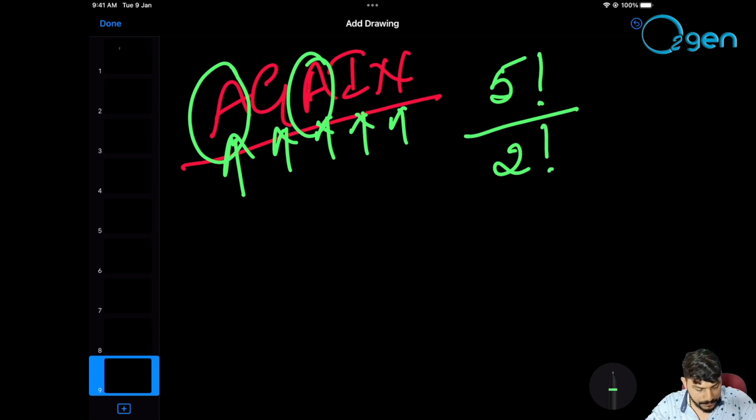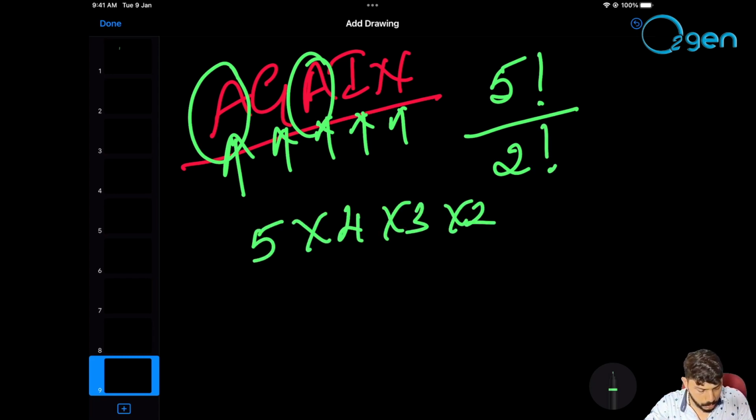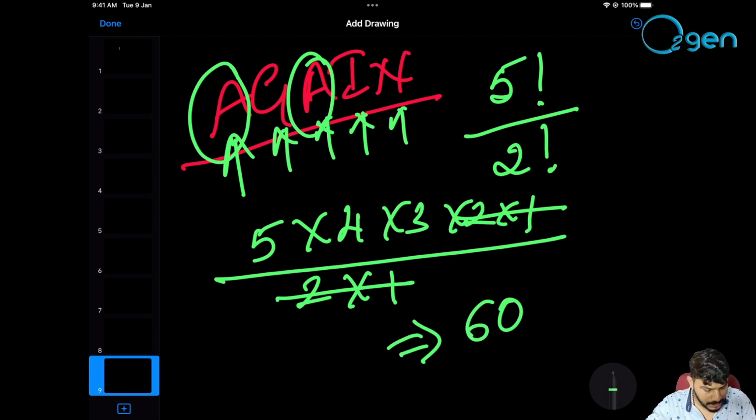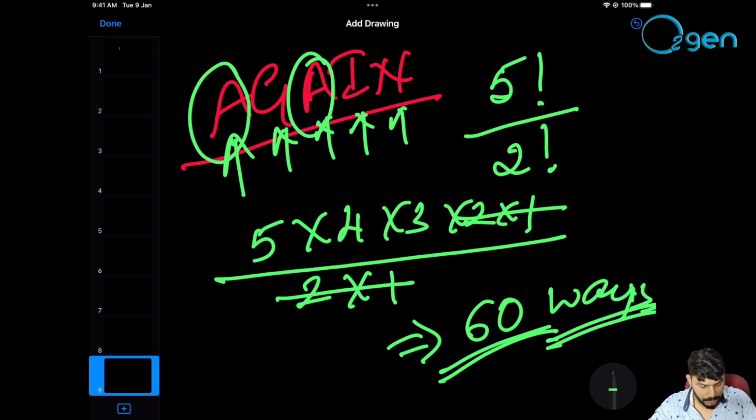That means we divide by 2 factorial. That means 5 into 4 into 3 into 2 into 1 over 2 into 1. 2 into 1 and 2 into 1 get cancelled. 5 fours are 20, 20 into 3 is 60. So there are 60 ways to arrange the letters in the word AGAIN.